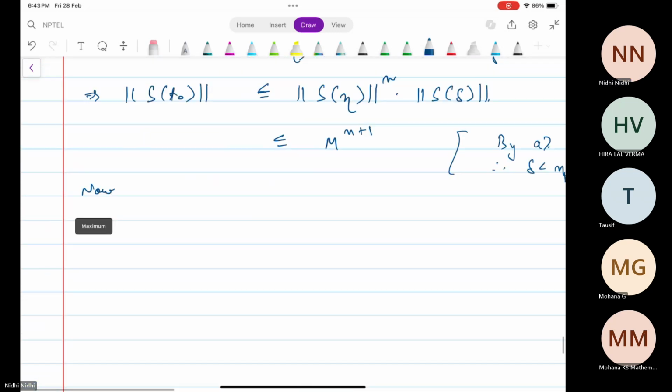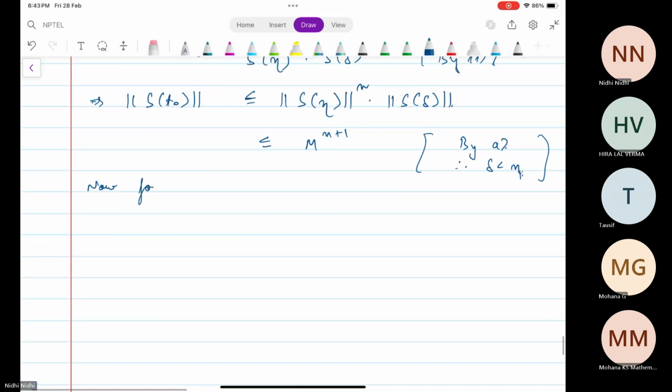Now for 0 ≤ t strictly less than T naught, we have t equals n eta plus tau.